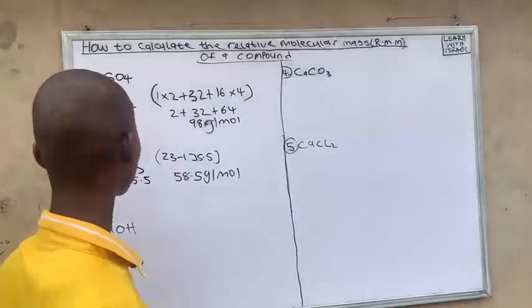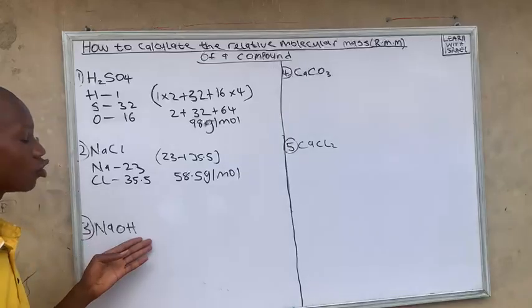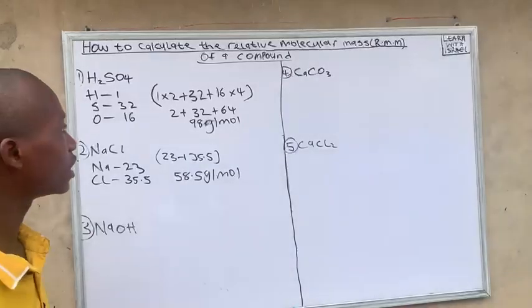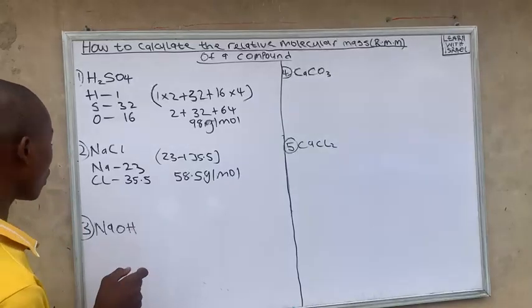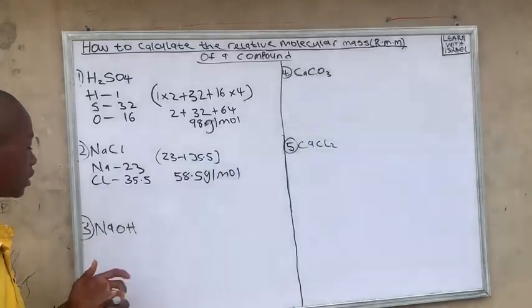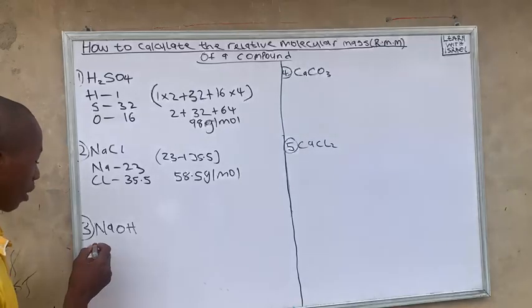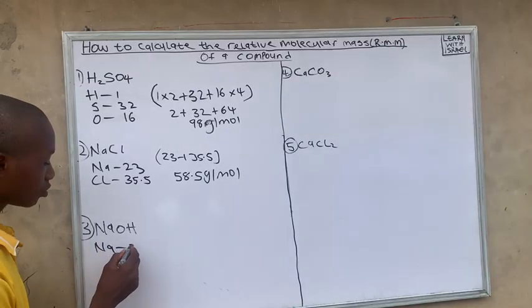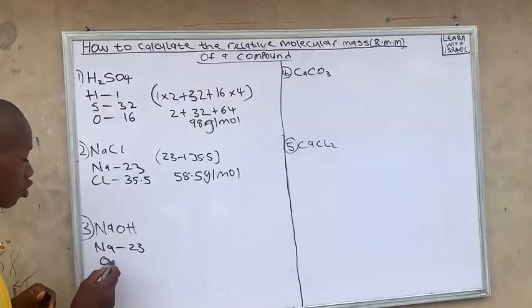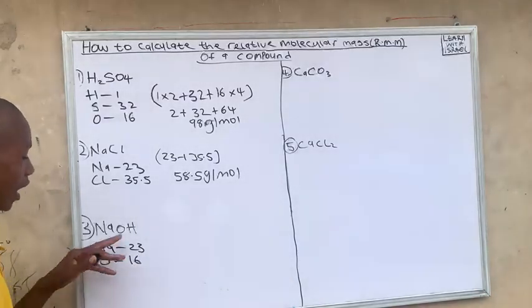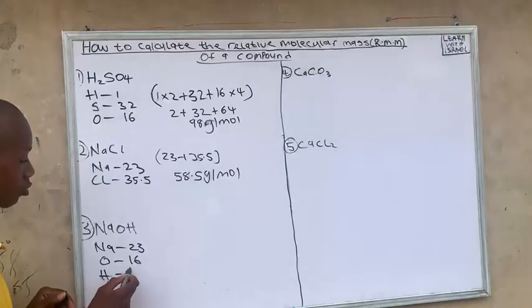Moving to the third question. Sodium hydroxide, which is our NaOH. In here we have 3 elements in this compound. We have our sodium, Na, to be 23, our oxygen, O, to be 16, while our hydrogen, H, is 1.